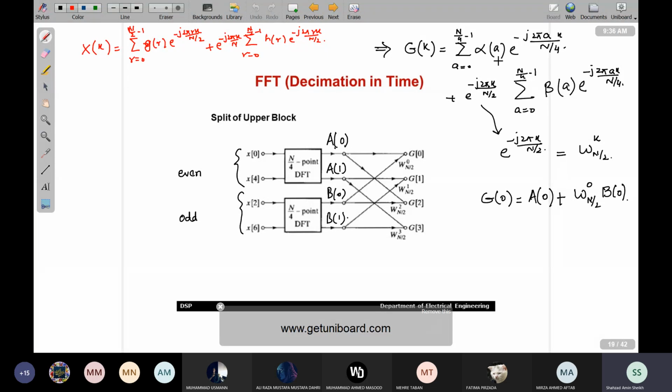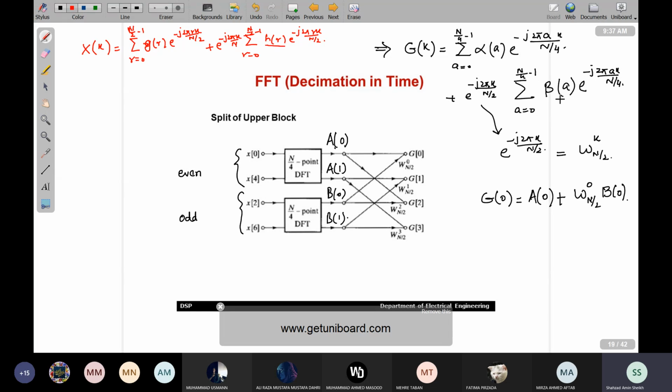Alpha of a, it was g of r, here I am calling it alpha of a, exponential minus j 2 pi a k divided by, here it was n over 2, here n over 4 has come. The common term was exponential minus j 2 pi k over n. Here the common term is exponential minus j 2 pi k over n over 2. Then a is between 0 to n over 4 minus 1. Beta of a, here it was h of r.